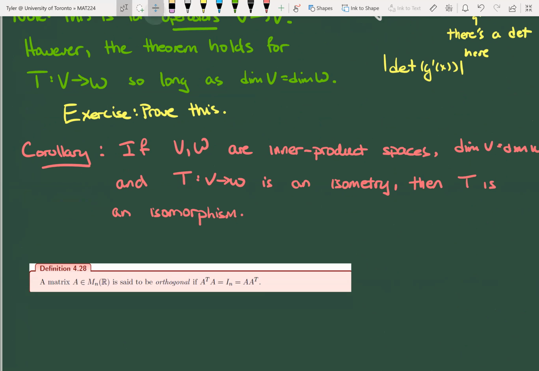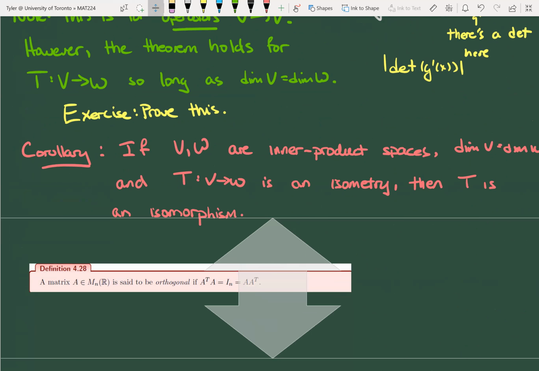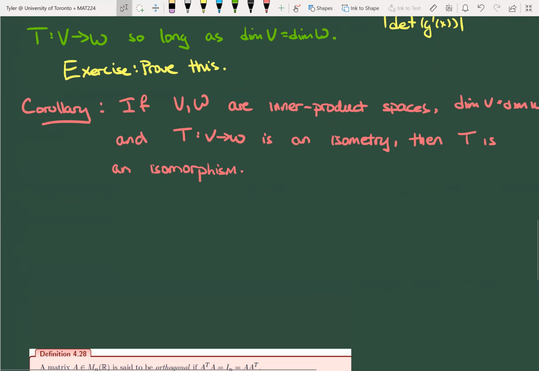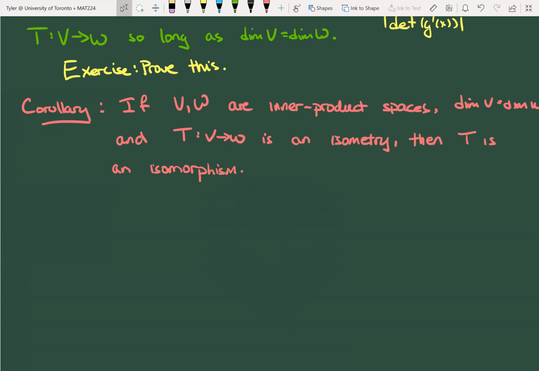Let me do one more example of an isometry here that is really important and that we're going to use a lot. So recall from week 10-1, you showed the following.